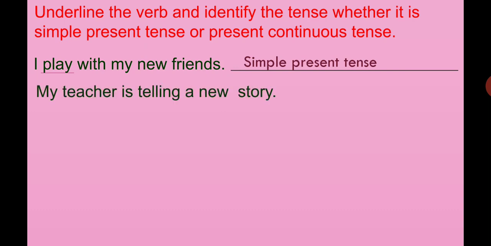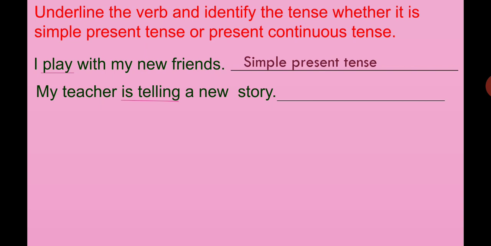The second sentence is, my teacher is telling a new story. Here, what is the verb? Is telling, right? Telling is the ing form of the verb, and before telling, just see here, what is there?